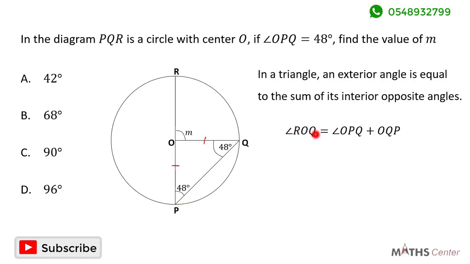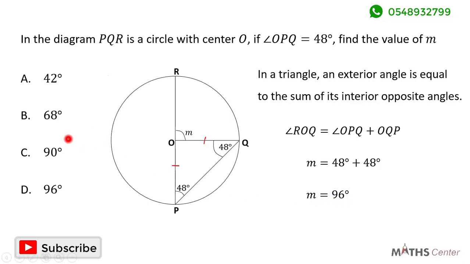Angle ROQ is given as M. Angle OPQ is 48 degrees and angle OQP is also 48 degrees. So it means that M is equal to 48 degrees plus 48 degrees, which gives us 96 degrees. So M is equal to 96 degrees.